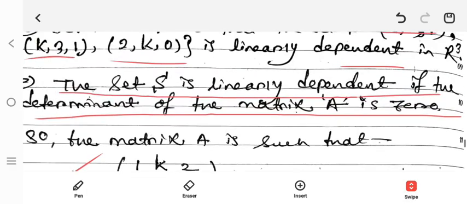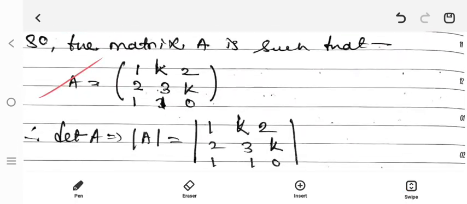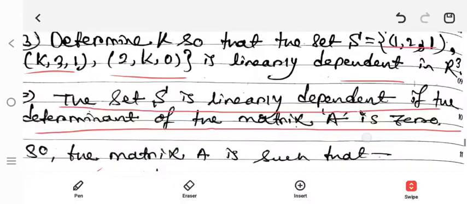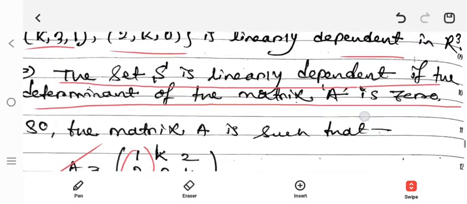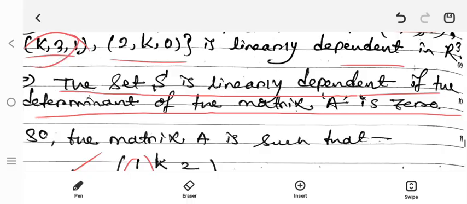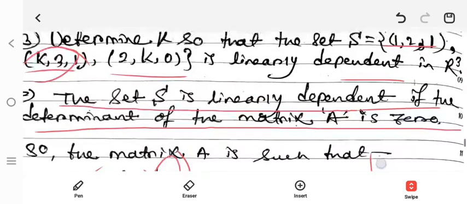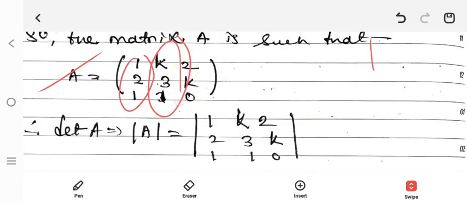just put the first vector's components along the vertical line, that is, along the column. The elements of the second vector go in the second column, and the elements of the third vector go along the third column.